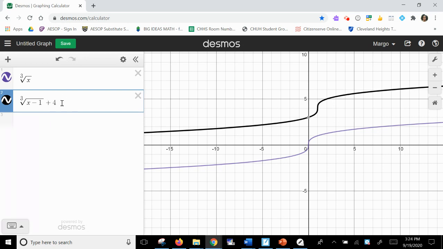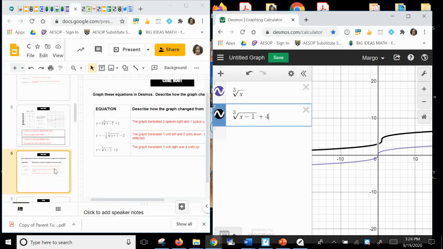So that plus 4 tells you how much it moved up. So it moved up 4 spaces. And then the number with the x underneath the radical sign tells you how much it moves left or right. So minus 1 means it went to the right 1. If it had said x plus 1, it would have gone to the left. Okay? So that's the cube root function.